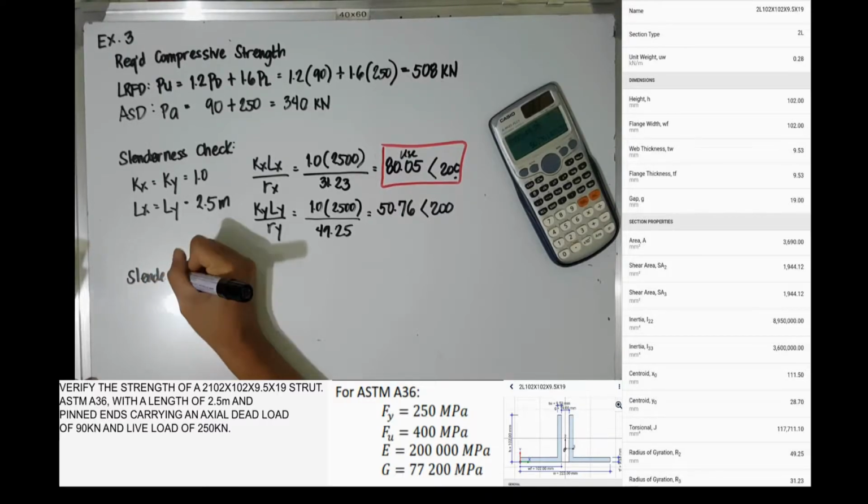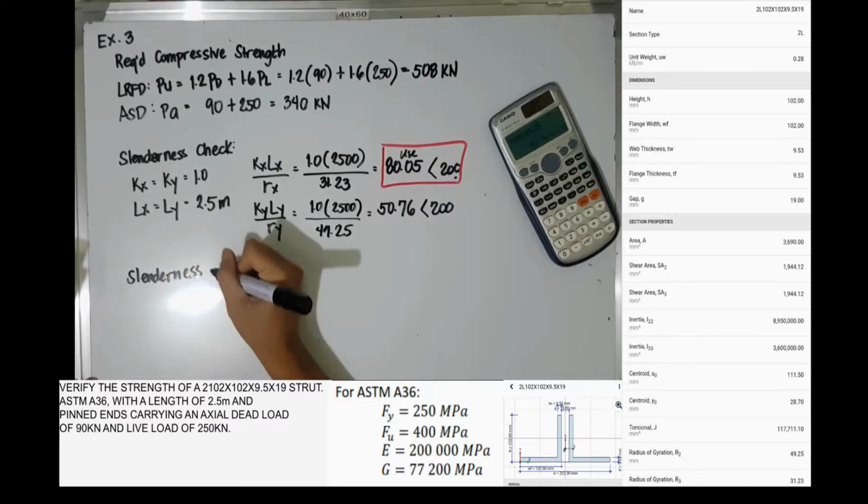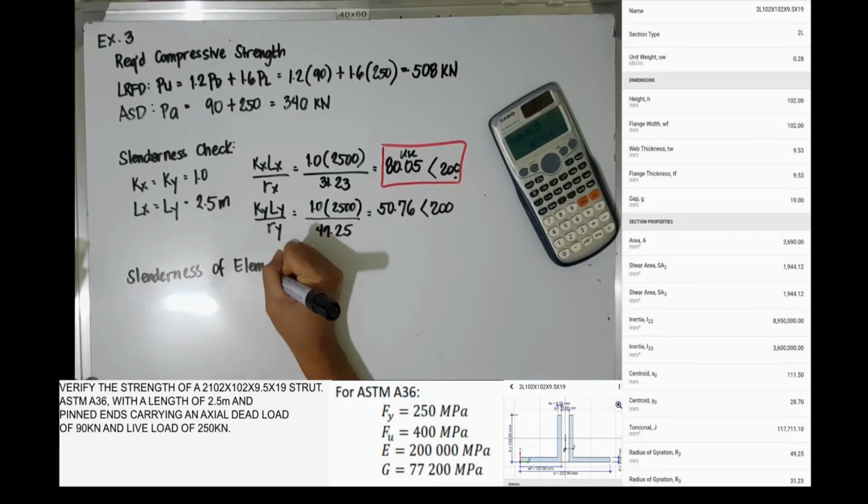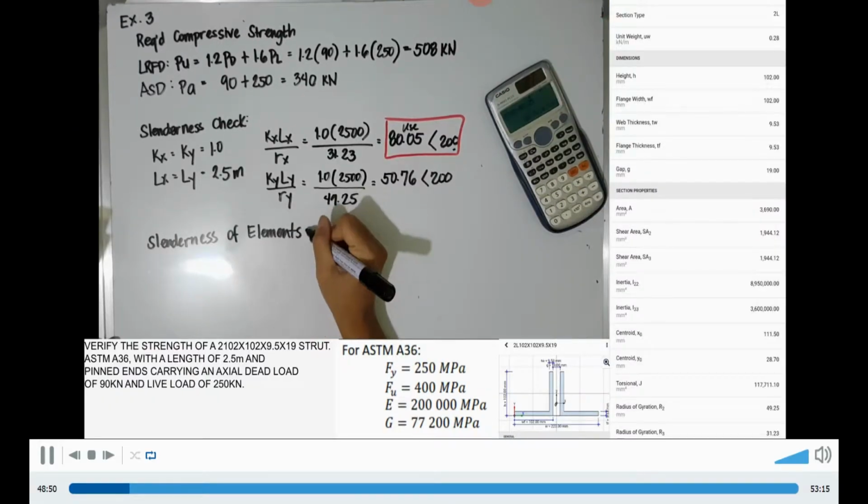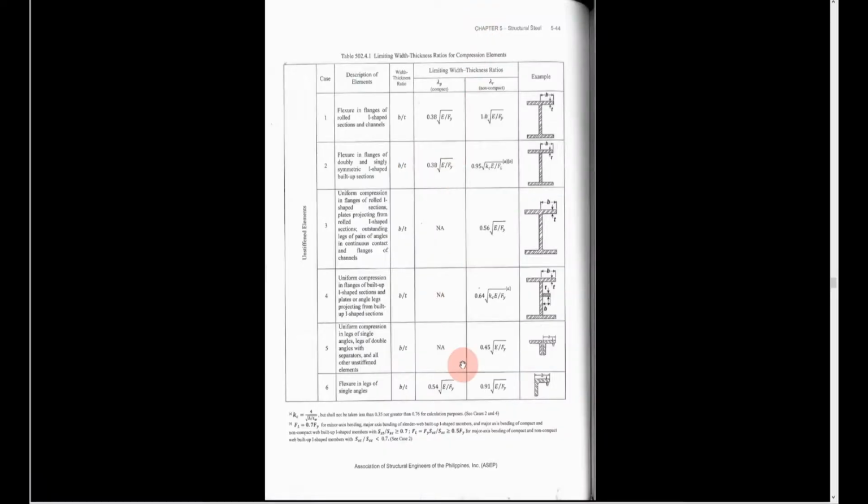Next is to check the slenderness of the element. Since this section is a double angle section, case number 5 will govern.